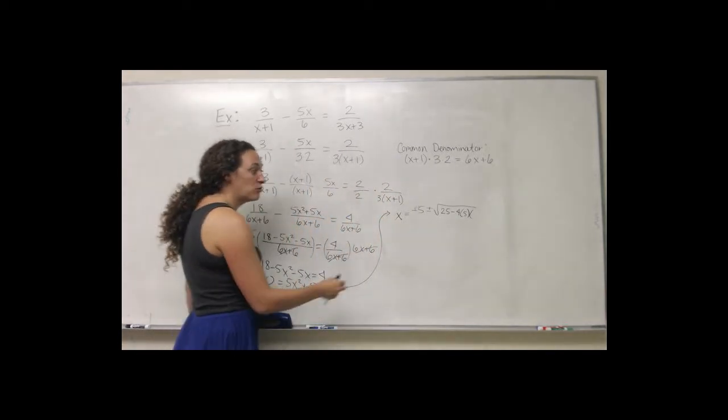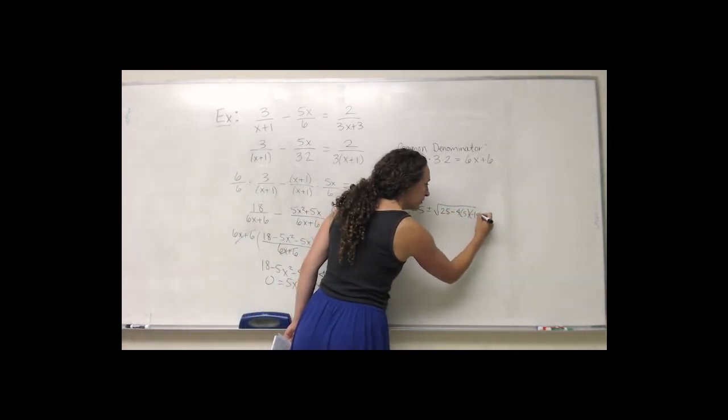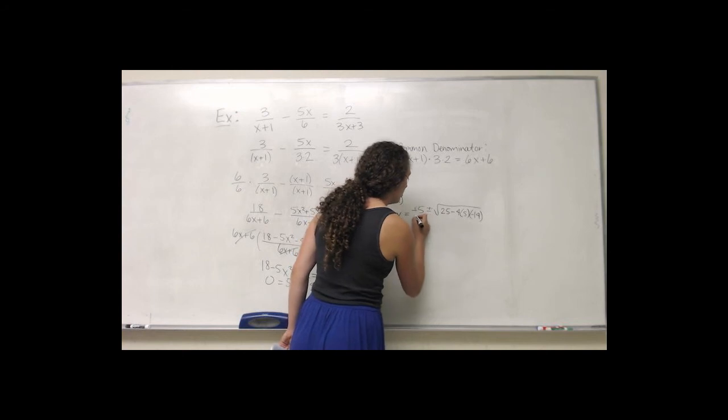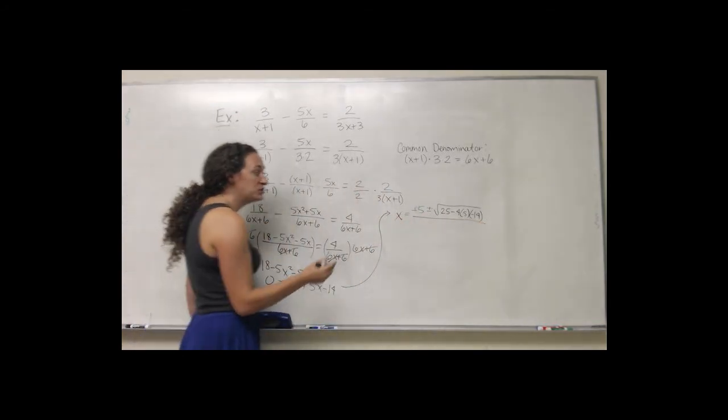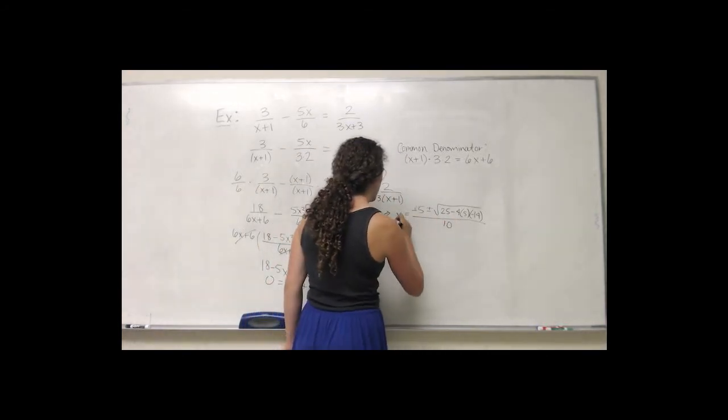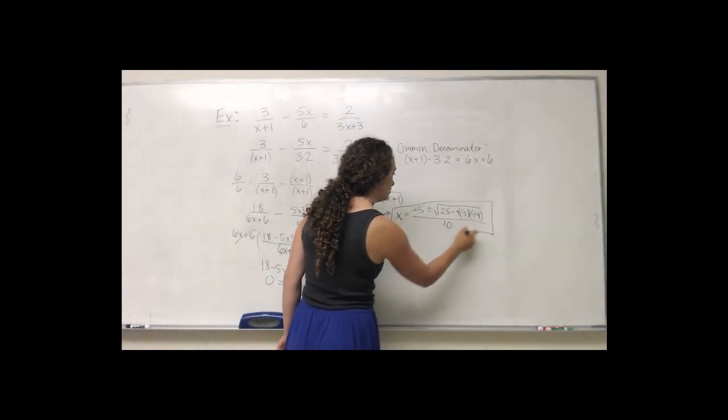Now c is negative 14, all over 2a. Now a is 5, so 2a is 10. So this is our two solutions.